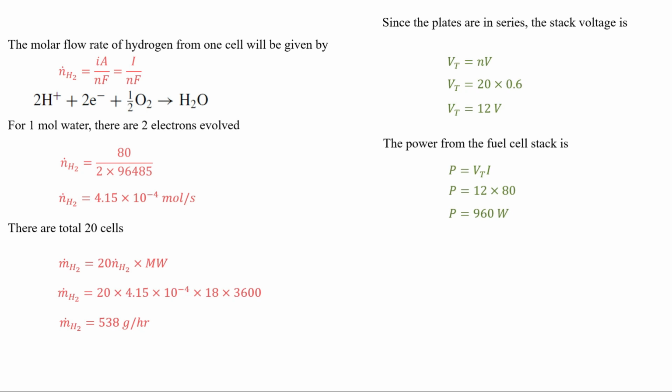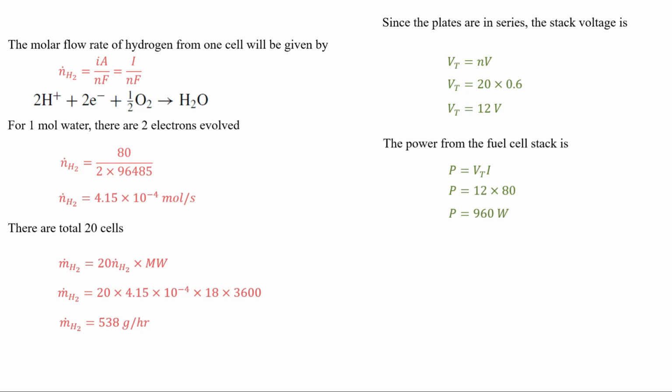We have total 20 cells. Each cell is producing 4.15 × 10^-4 mole per second water. That's why we utilized the molar flow rate to determine the mass flow rate of water in gram per hour.